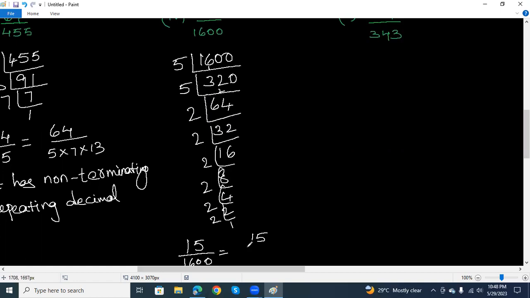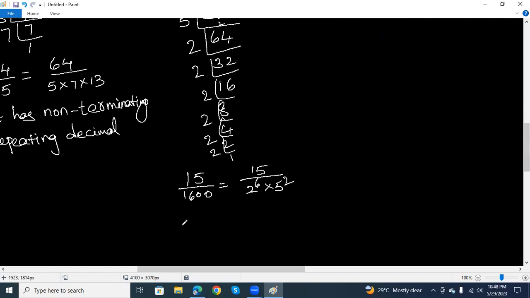How many 2's do we have? 1, 2, 3, 4, 5, 6. 2 power 6 into 5 square. So this is like 2 power n, 5 power m. So it has a terminating decimal form.